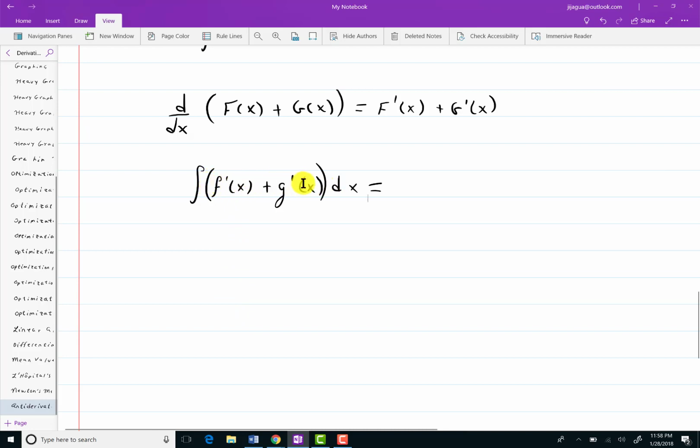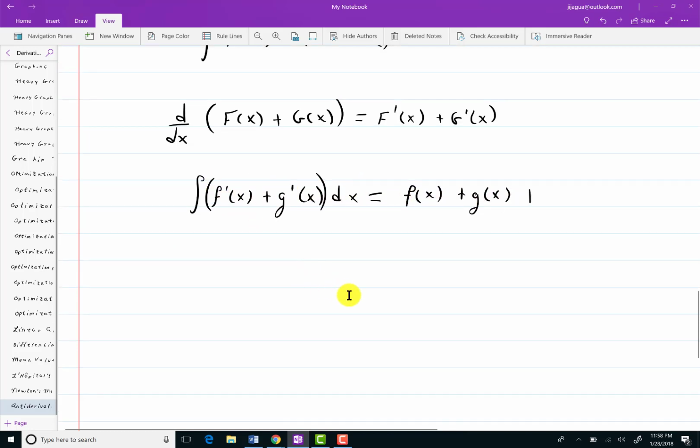So if I have the integral of f prime plus g prime, I can consider it like f of x plus g of x, that quantity prime, because the derivative of f of x plus g of x is f prime of x plus g prime of x.